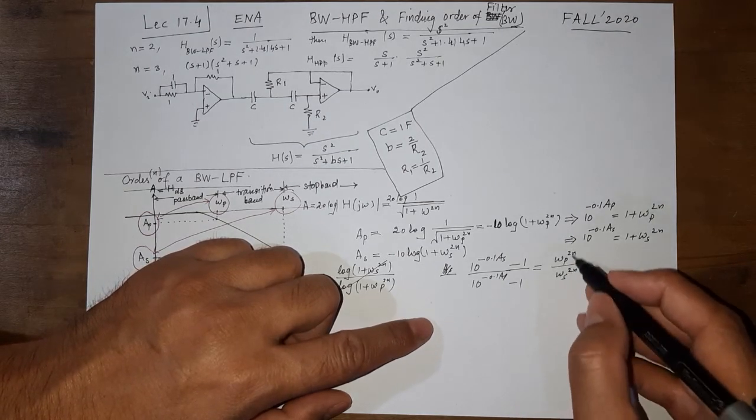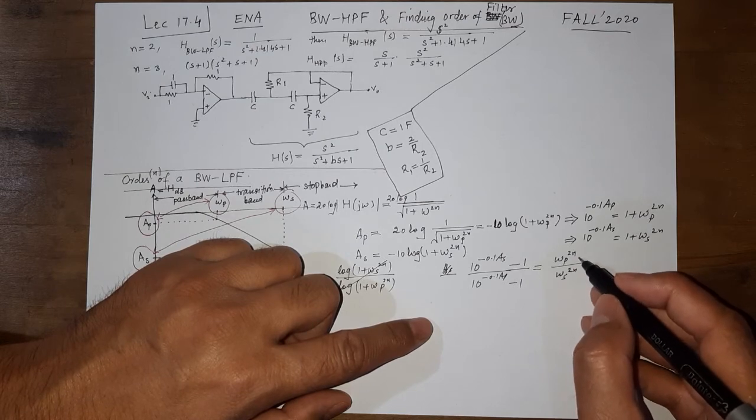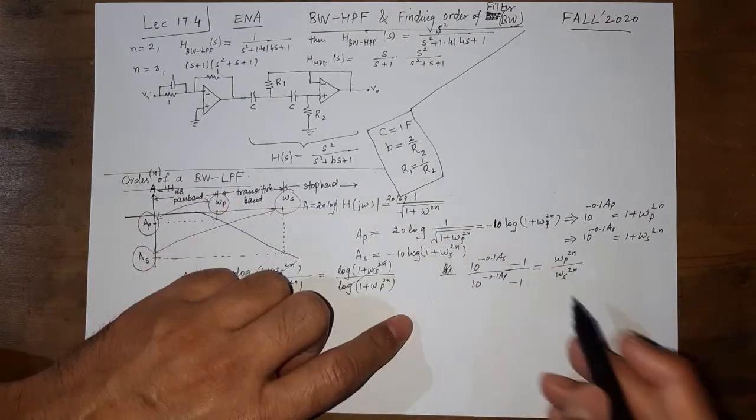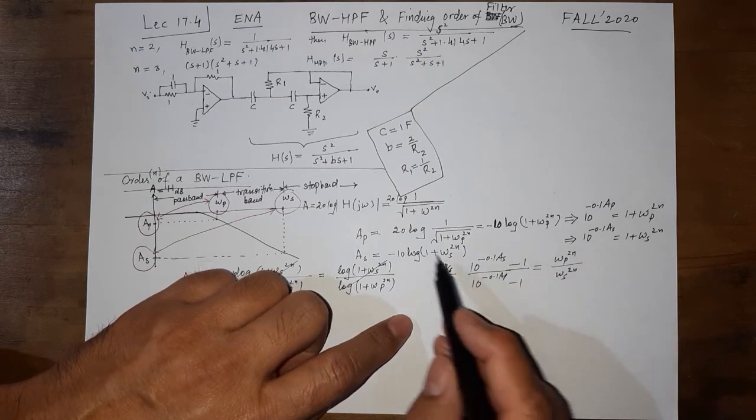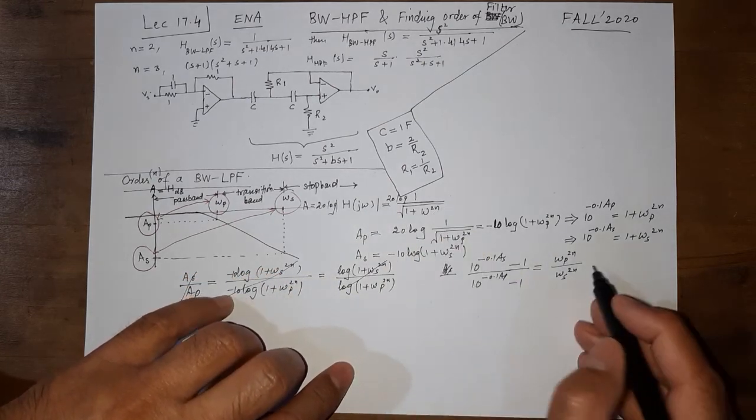We actually have to find the expression for n. Remember, we are finding the order of Butterworth filters. We have to solve this to find n.